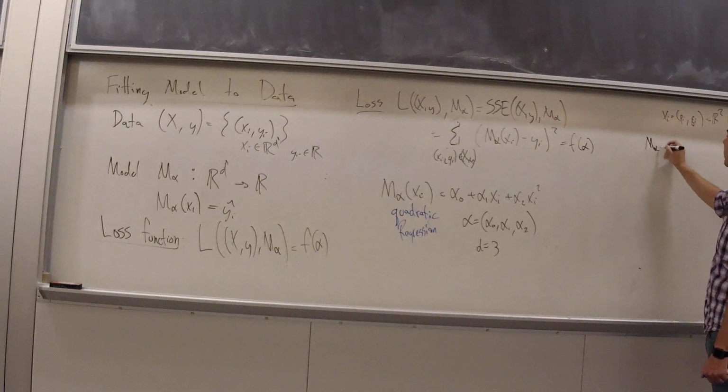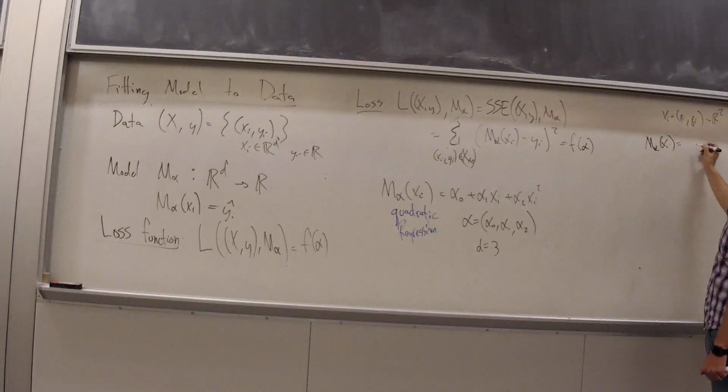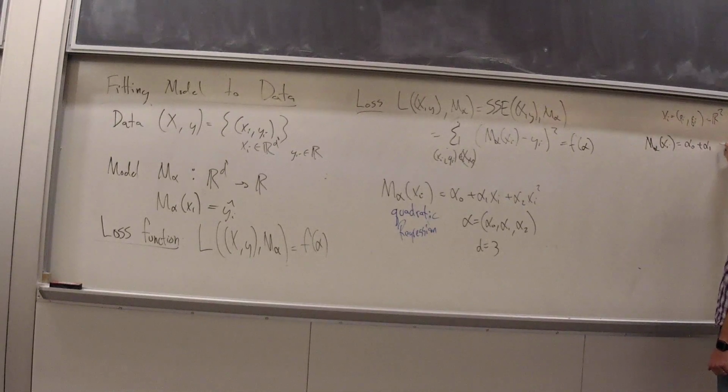Then the model f alpha of xi would be alpha 0, plus alpha 1 pi plus alpha 2 qi. This is the constant term, these linear terms, plus alpha 3 pi squared plus alpha 4 qi squared plus alpha 5 pi qi. Okay, and if I wanted to go cubic, I would expand this, and I would have a bunch of cubic terms here as well.